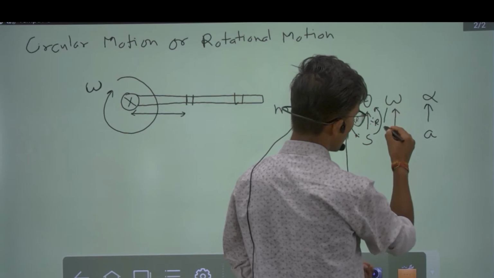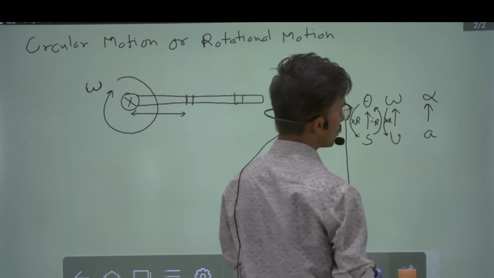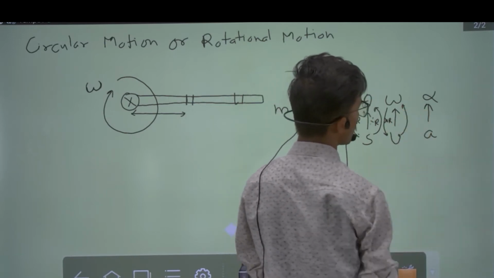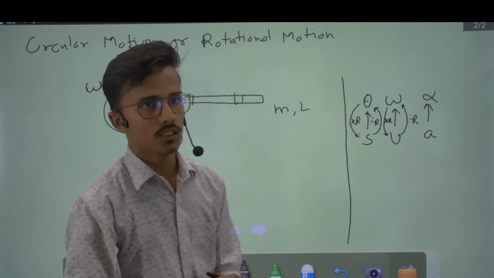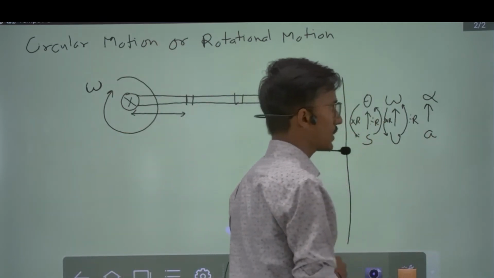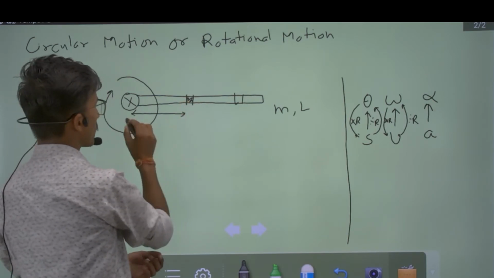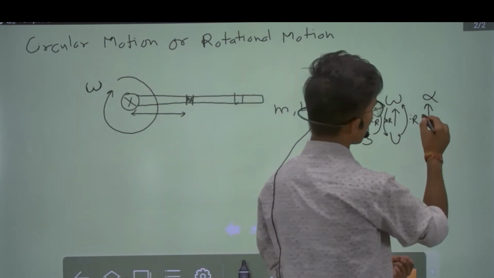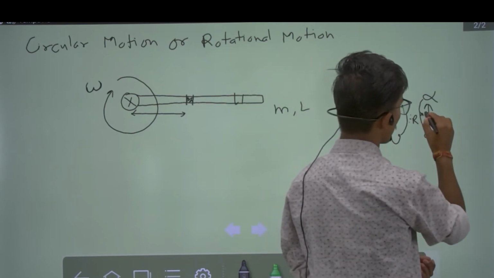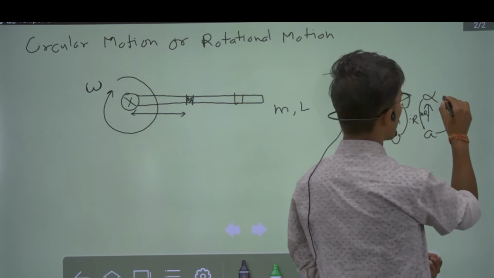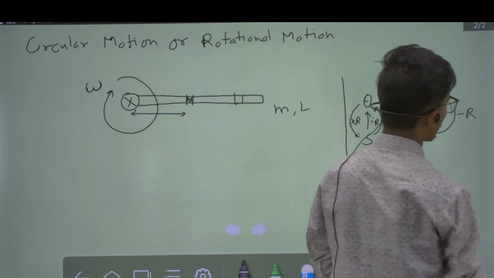If you want to go from omega to velocity, you multiply omega by r, and if you want to go from velocity to angular velocity, you divide by the radius. Here r stands for the radius, the distance of the particle from the axis. Similarly, to calculate acceleration from angular acceleration, multiply by r, and to calculate angular acceleration from acceleration, divide by r.